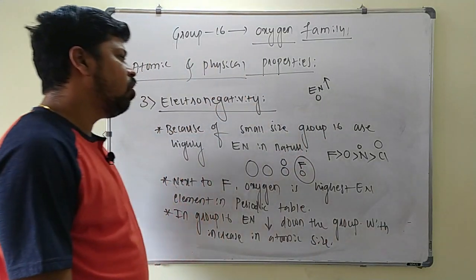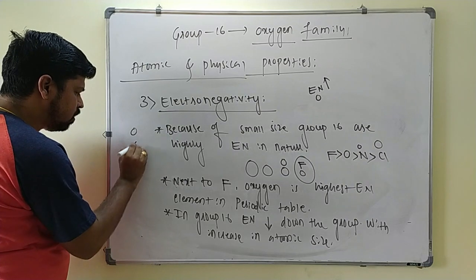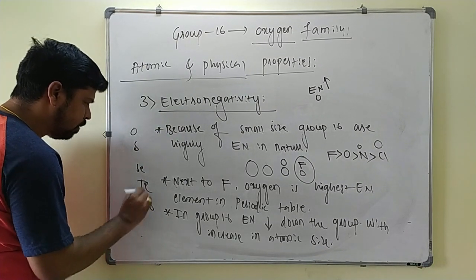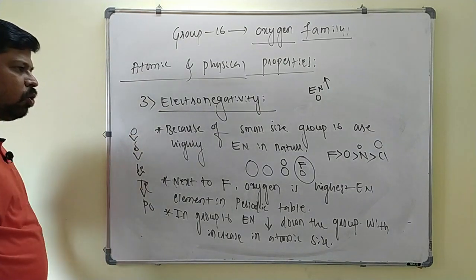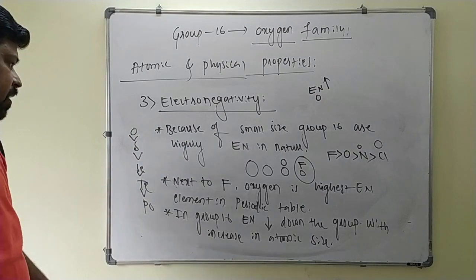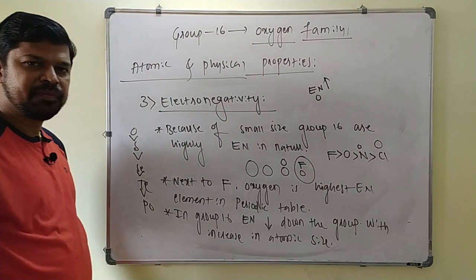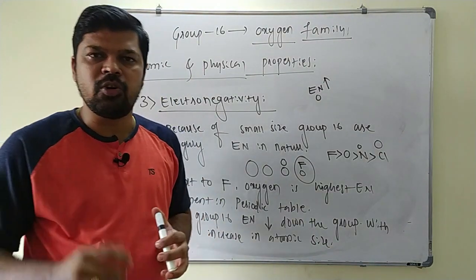Oxygen is the highest electronegative element in group 16, that is oxygen, sulfur, selenium, tellurium and polonium. This is the order of electronegativity in group 16, because down the group atomic size increases, meaning electronegativity decreases. So this is the electronegativity of group 16 elements.